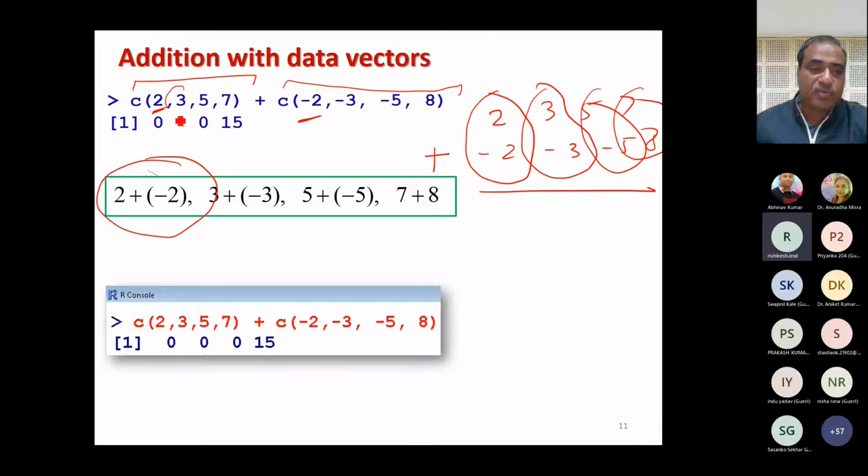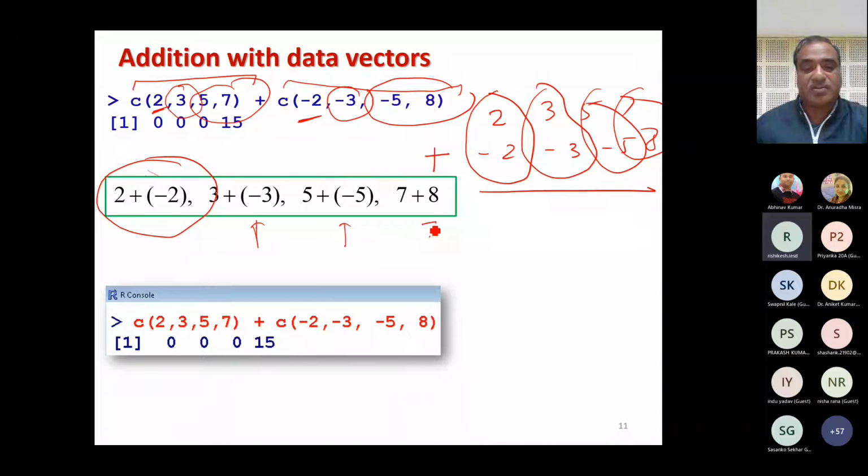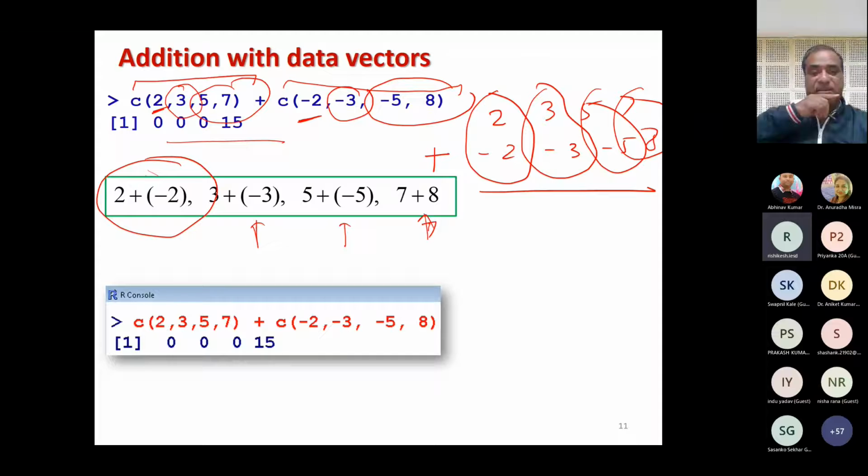The second value in the first data vector is going to be added with the second value in the second data vector. Similarly, the third and fourth values are going to be added in the third and fourth values respectively in the second data vector. So you can see this will become 3 plus minus 3, 5 plus minus 5, and 7 plus 8. So you get this outcome 0, 0, 0, and 15.